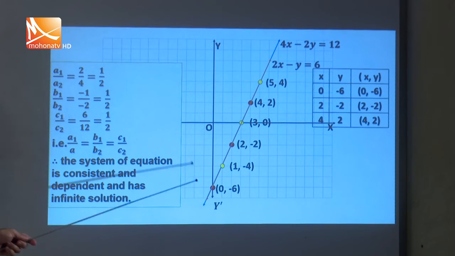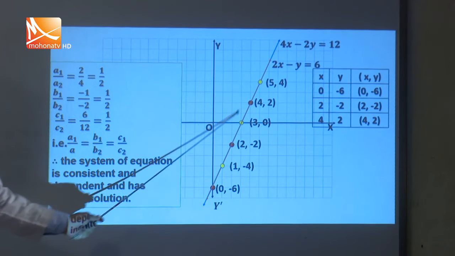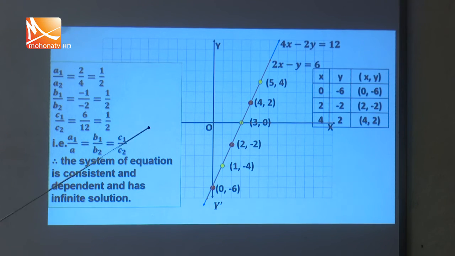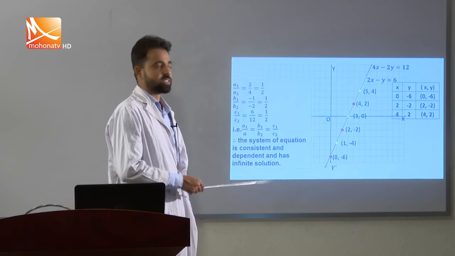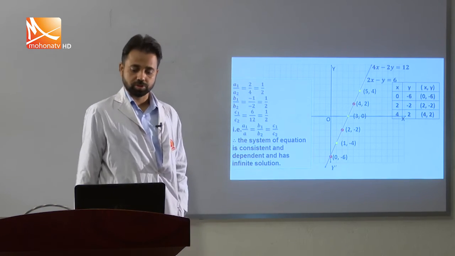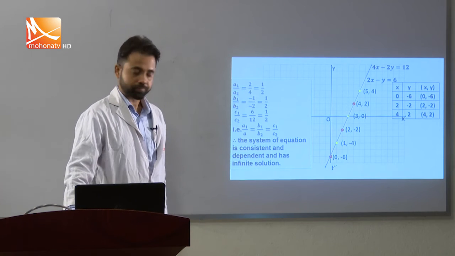So in this case we can say there are infinite solutions. You have to keep in mind that if the ratios of x, y and the constant term of simple simultaneous equations are equal, then the two equations are consistent, dependent and have infinite solutions.